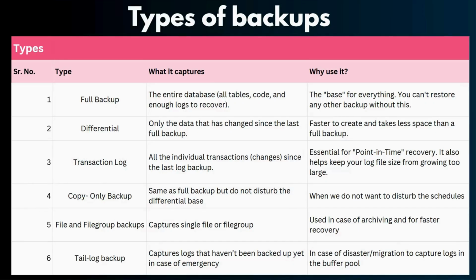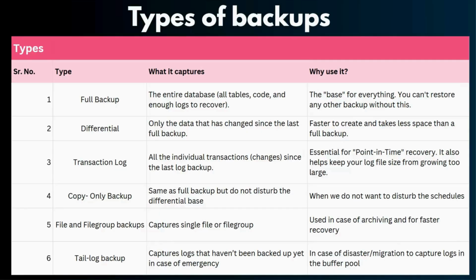And on Tuesday around 9 p.m., your database crashed. As per the strategy, you will try to recover the database. First, you will restore the full database backup with no recovery, and then the differential backup from Tuesday 7 p.m. Your differential restore will fail, saying that the differential backup does not belong to the full backup you are trying to restore. It means someone has taken a full backup and you are not aware of it.